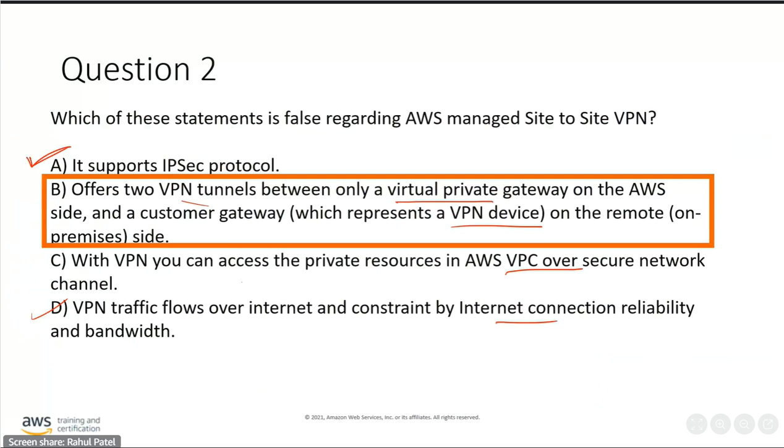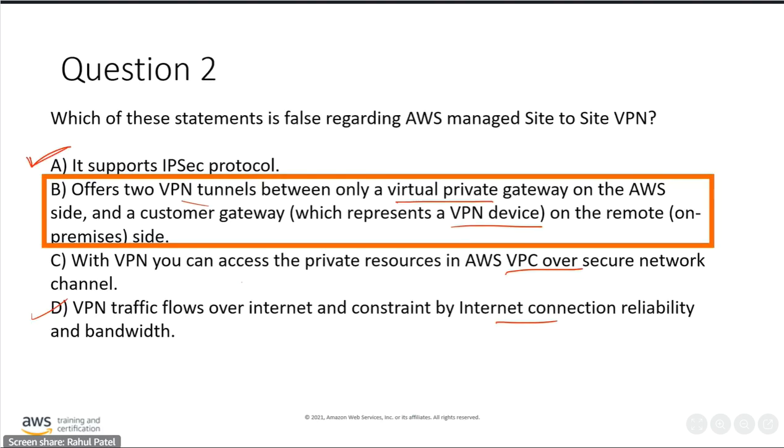Offers two VPN tunnels between only a virtual private gateway on the AWS side and a customer gateway on the remote side. Yes, this is true. Without these two gateways, we cannot connect with each other. That's the right option.